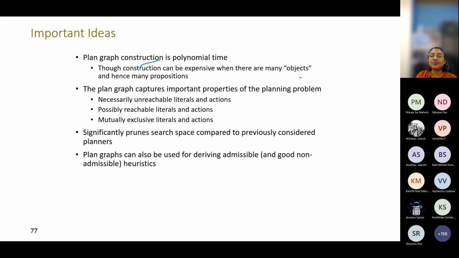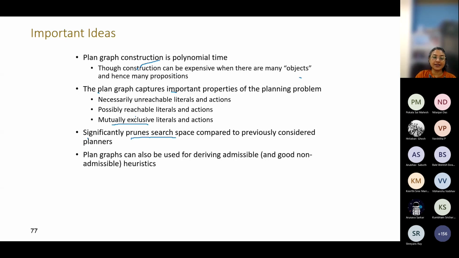The plan graph captures the important properties of the planning problem, especially which literals and actions are unreachable, which are reachable, and the mutex actions, mutex propositions, etc. So it significantly prunes the search space, right?